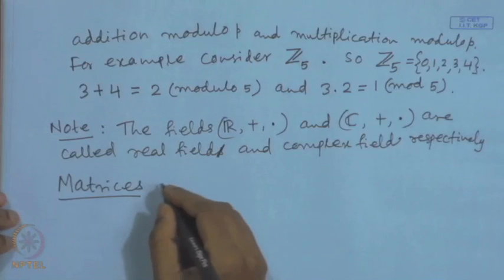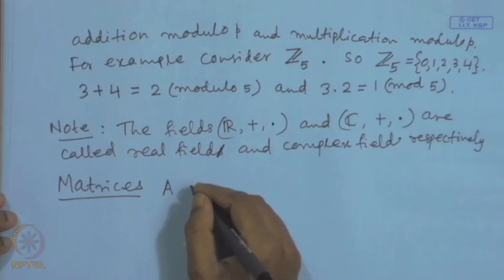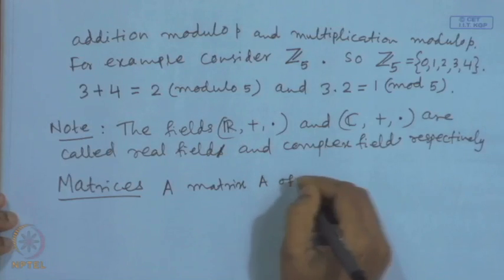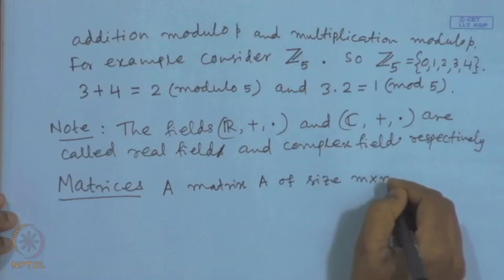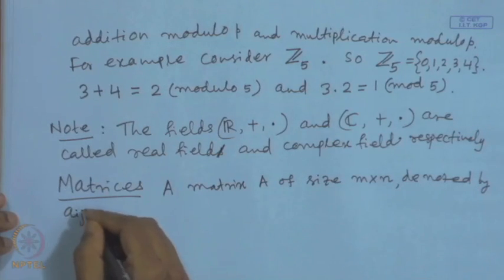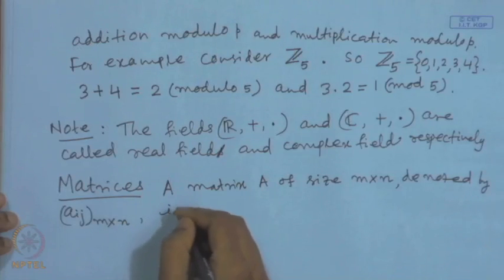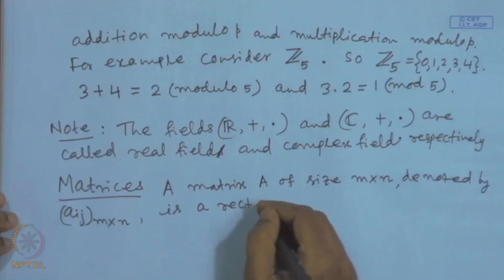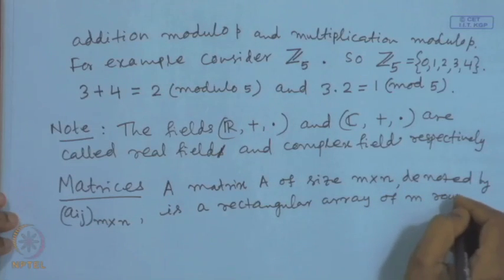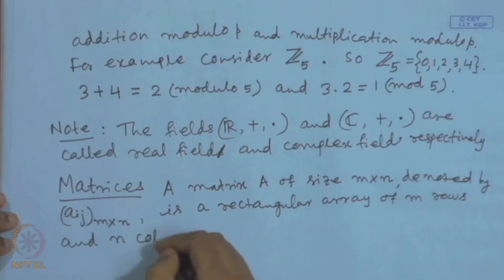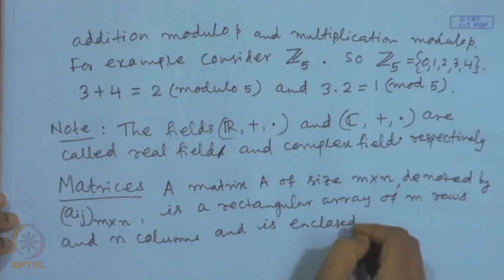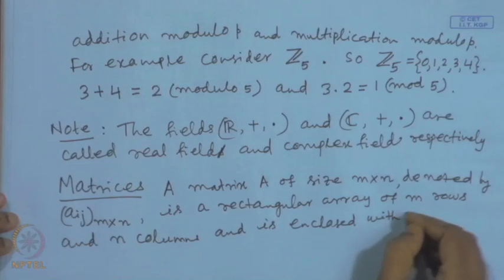As you know, a matrix A of size m by n, denoted by Aij, m by n, is a rectangular array of m rows and n columns and is enclosed with brackets.